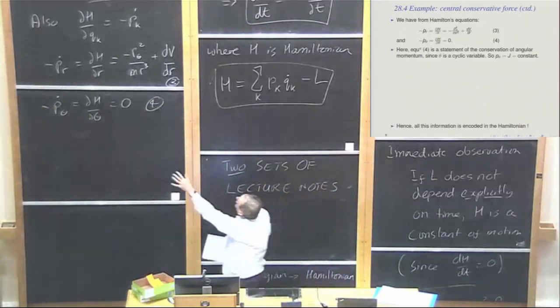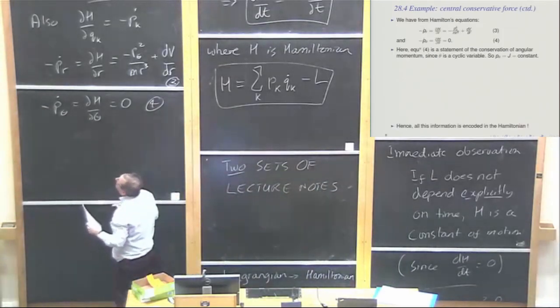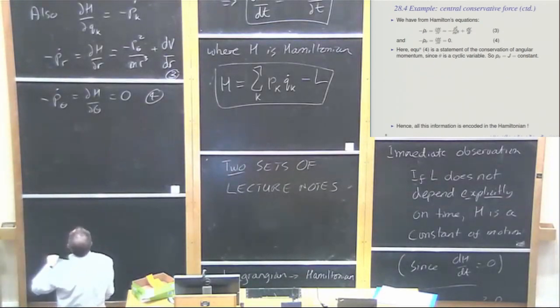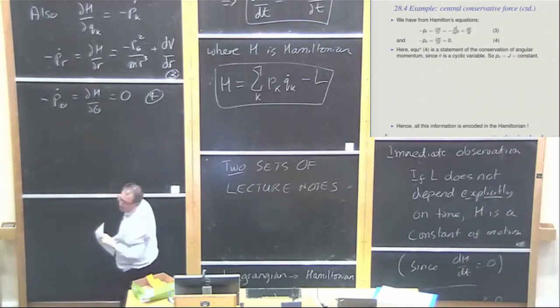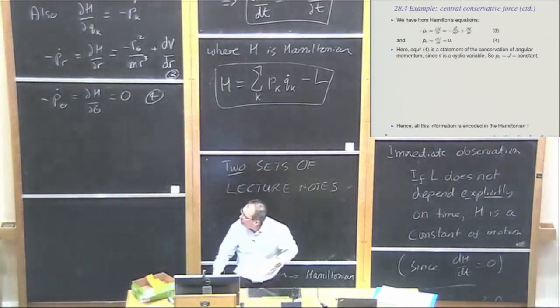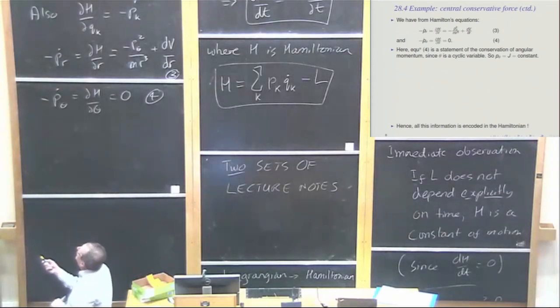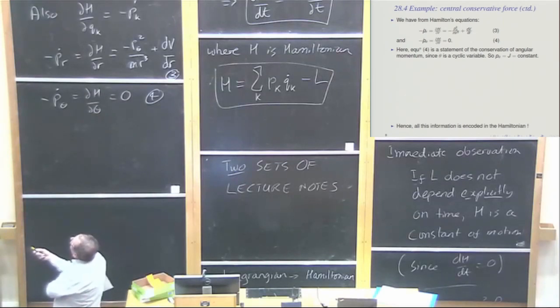So these are these two equations, even with the same numbers. So firstly, let's concentrate on what 4 tells us. This we could have seen straight away. Because the Hamiltonian didn't depend on theta, we see that p theta dot is 0, so p theta, which is the angular momentum, is conserved.